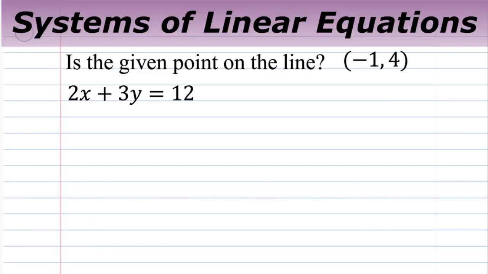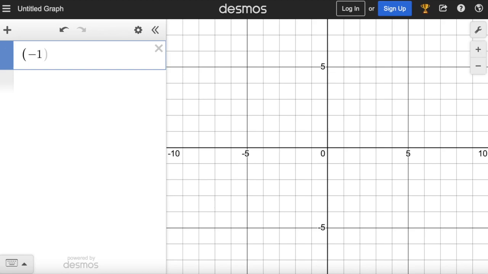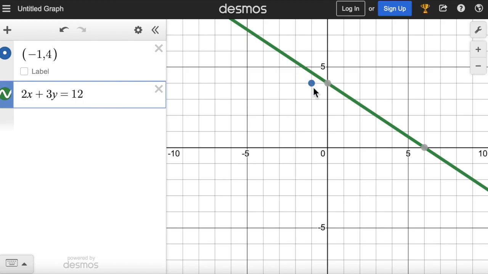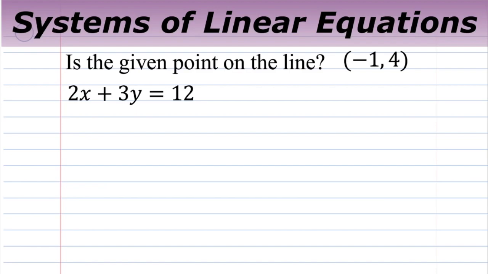We could also decide if a given point is on a line, and we can do this two ways. We can either use Desmos, (-1, 4) is the point, and 2x plus 3y equals 12 is the line, and you can see that point is not on the line. Or we could use algebra. The x value is -1 and the y value is 4.